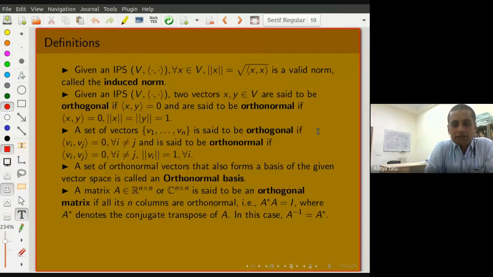By the way, a quick question here. If I have, let's say, n vectors which are orthogonal, are they necessarily linearly independent? Could anybody answer that question? Does orthogonality imply linear independence?